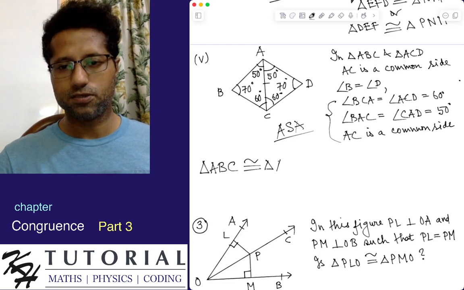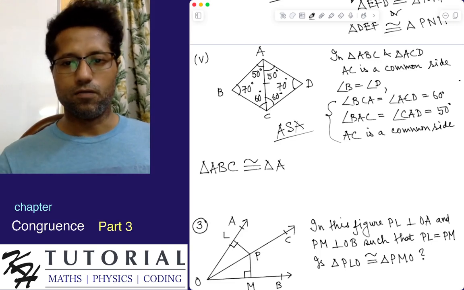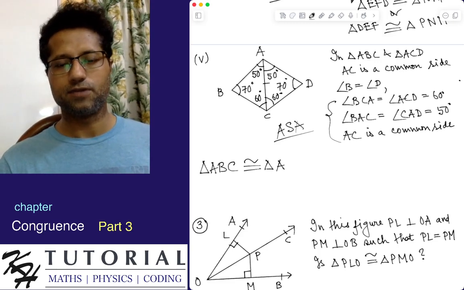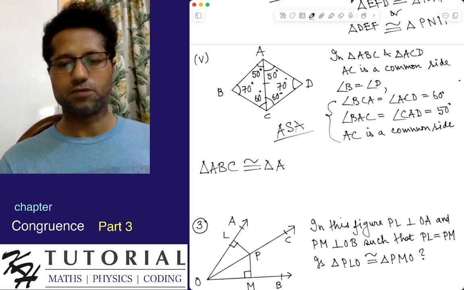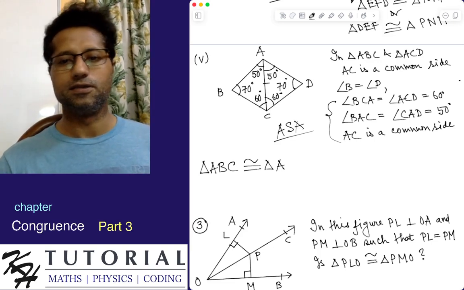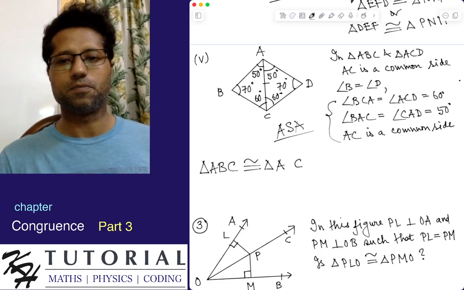So A corresponds to A. What about B? Vertex C in triangle ABC has to correspond to the vertex C of triangle ACD. So this will also be C. So obviously B has to correspond with D.